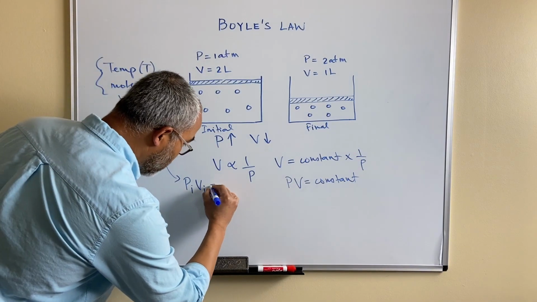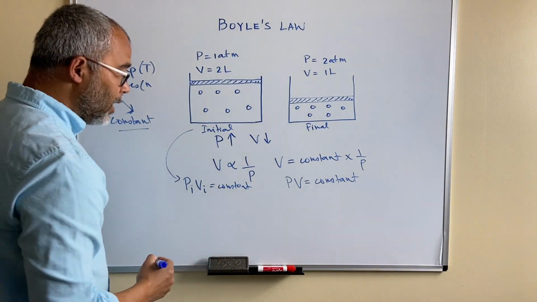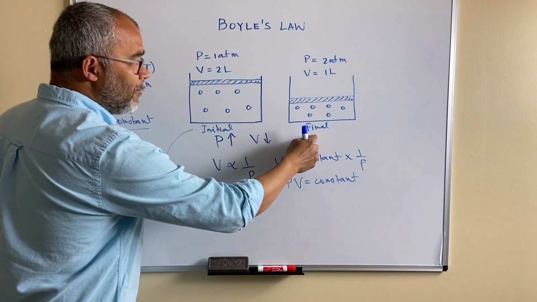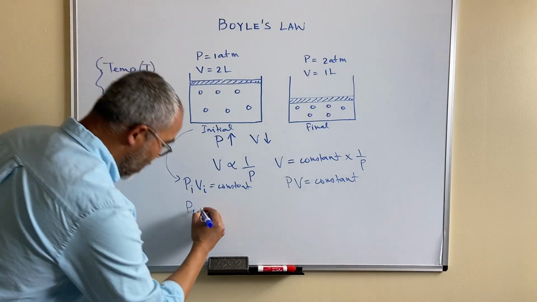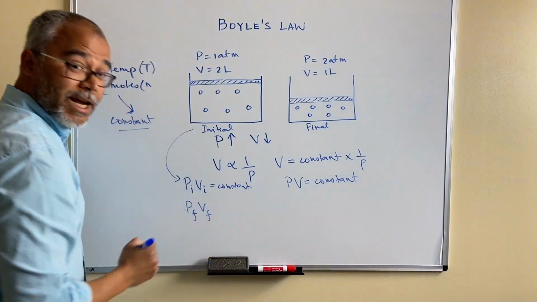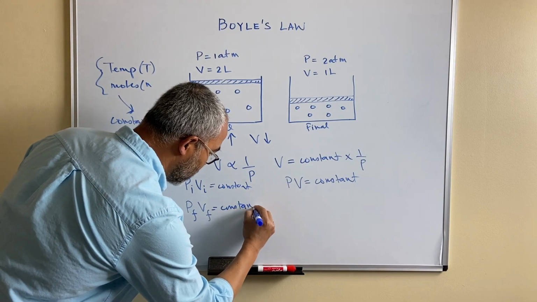Then we know by Boyle's law that the product of that is a constant. If we do the same thing for the final state, then the pressure is PF and the volume is VF, where F stands for final, and that is equal to the same constant.